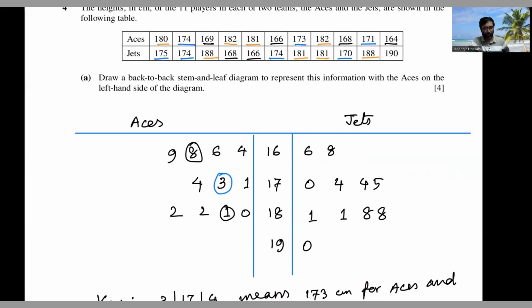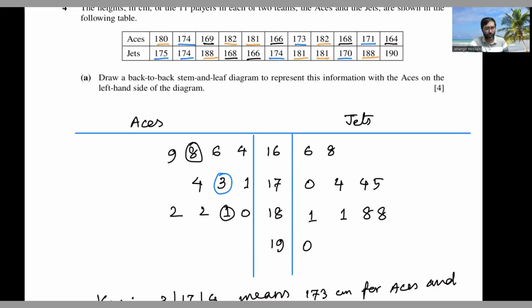The difference, 182 minus 164, is 18. And for the Jets, it is 190 minus 168, that's 22.